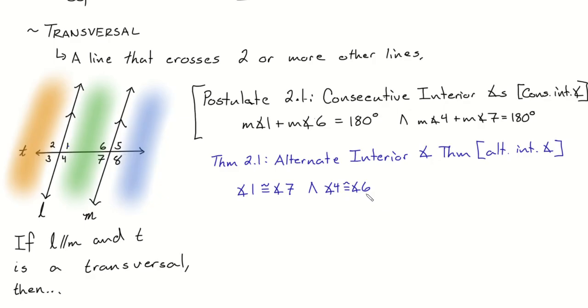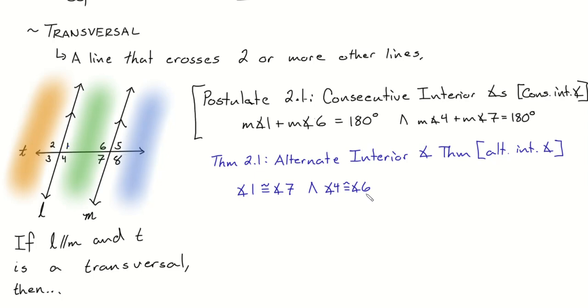Cool. Could you convince me that's true? Because this is not a postulate. Anybody have a logic through this one? To say that 1 and 7 have to be congruent. Well, we know that 1 plus 6 has to add up to what? 180. And what does 6 plus 7 add up to? 180.